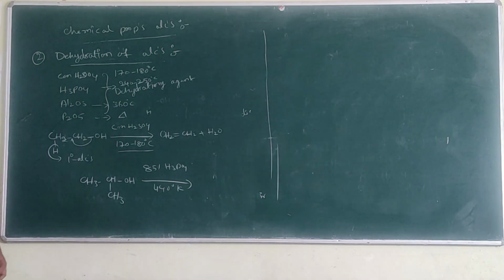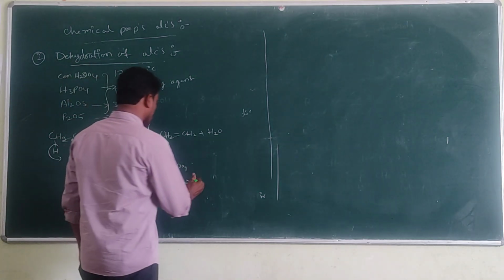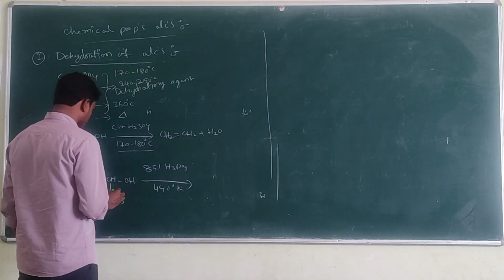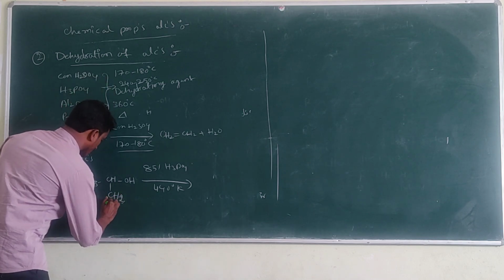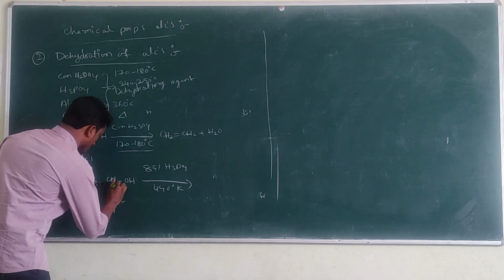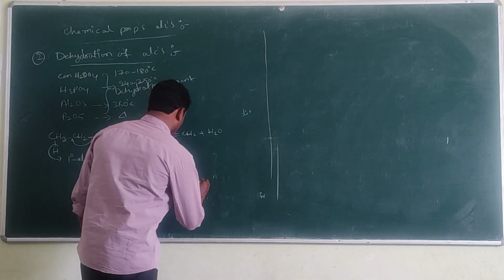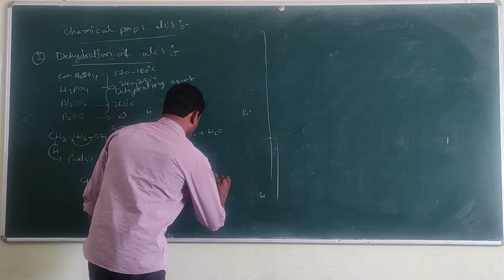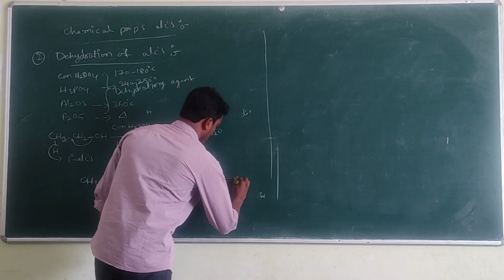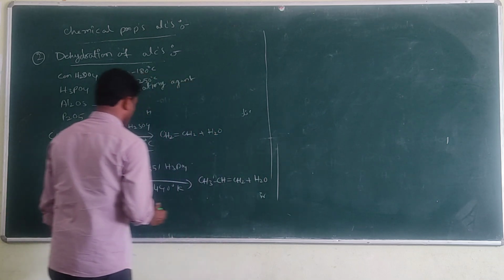Here also dehydration takes place, forming the alkene CH3CH=CH2 and releasing water.